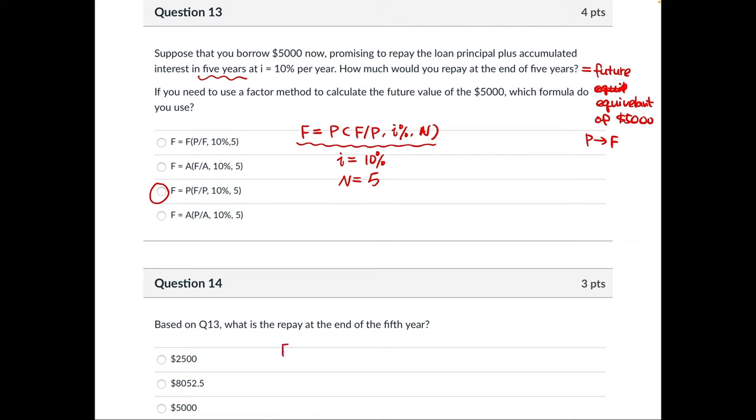You just substitute the letters with the numbers, and also check the factor in the table in Appendix C. So this is 5,000 times, what is the factor? The factor is 1.6105. So your final answer is 8052.5. That's the future equivalent of this present 5,000.